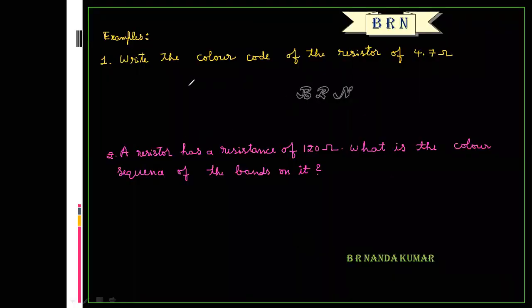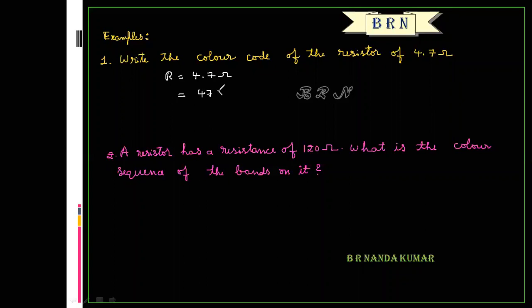Okay, the next examples. Write the color code of the resistor of 4.7 ohm. Actually, it is the reverse process. Here the value of resistance is given, that is 4.7 ohm. This value can also be written in the form of 47 into 10 power minus 1 ohm.